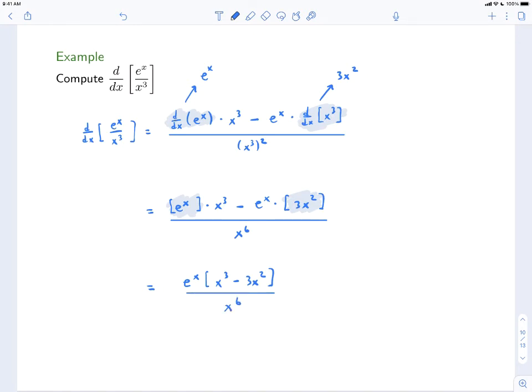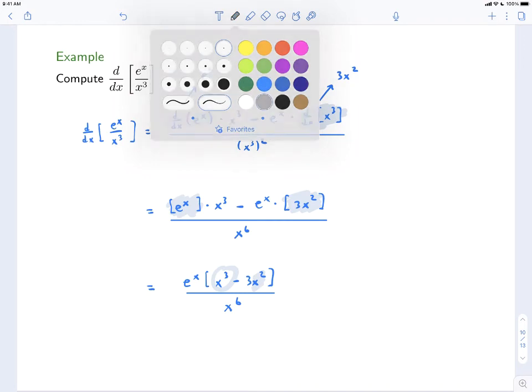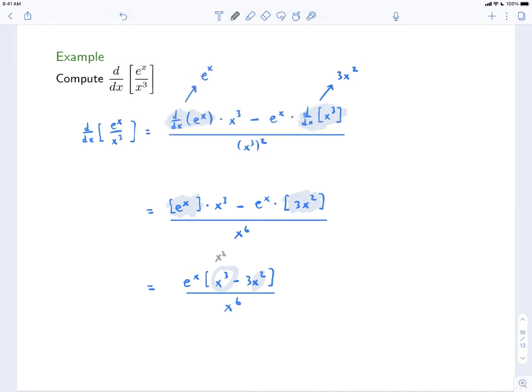Now notice you can actually factor out more than just the e to the x. You can factor out an x squared. We have an x squared here, and this x cubed you can write as x squared times x. So you can factor out an x squared there as well.